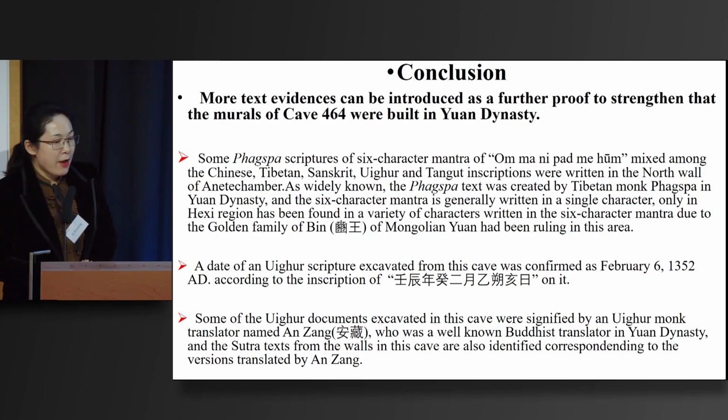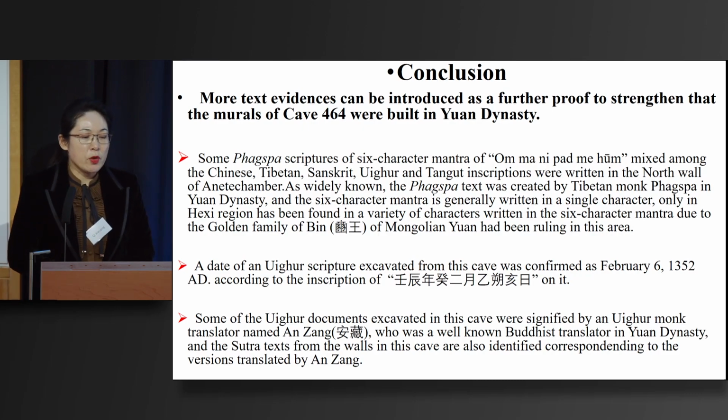Another piece of evidence is the date of the Uyghur inscription. The Uyghur scripture excavated from this cave was confirmed as February 6th, 1342, according to the Chinese date inscribed on it.